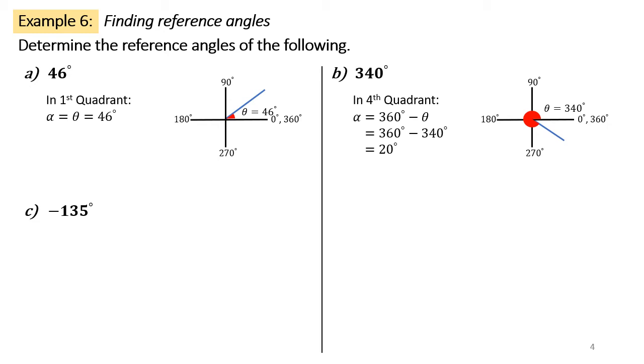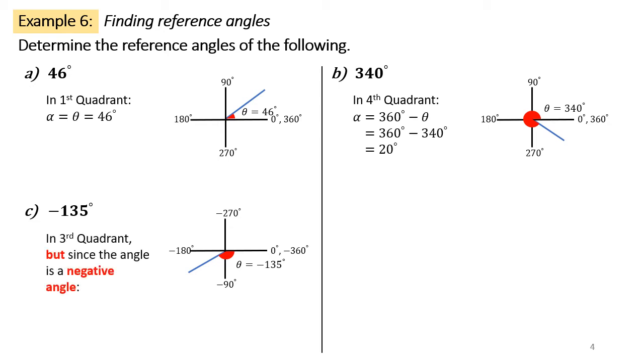For question C, now we are given a different pattern because our theta is a negative angle, where theta is equal to negative 135 degrees. So take note that the angle will go in a clockwise direction. Now when we draw, we will get that theta will be in the third quadrant. However, take note, since the angle is a negative angle, the formula that we use for the third quadrant is almost like the formula for the second quadrant.